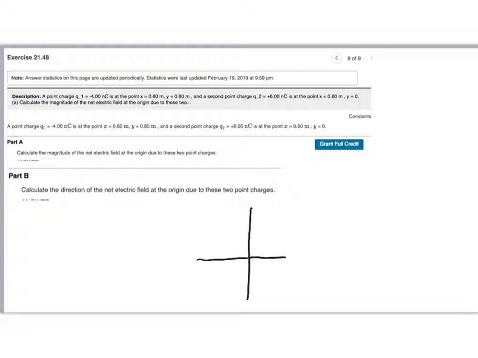I have charge 1, my Q1 is minus 4 nanocoulombs, which is minus 4 times 10 to the minus 9 coulombs. It's at the point x equals 0.6, y equals 0.8, so I'm going to be a little rough here. I'm going to say that this is 0.6, 0.8. This would be the coordinates, and this is where Q1 is.